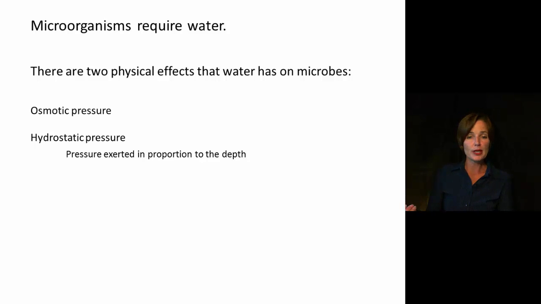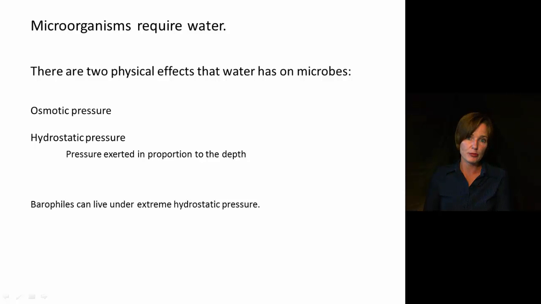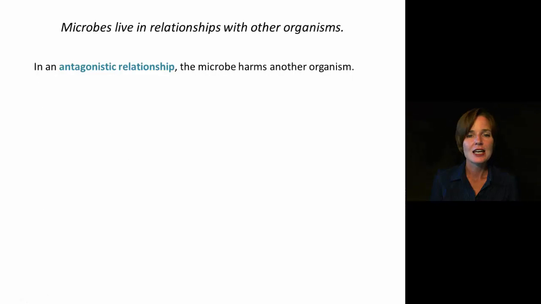Some microbes will be able to survive and live at very deep depths. And again, this is going to be because they're able to deal with that really big hydrostatic pressure, which is all the water that is above them. Biofilms can live under extreme hydrostatic pressure. So these are going to be the ones that you do find at those very low water depths. If things are not able to withstand a high hydrostatic pressure, they would not be found very deep.